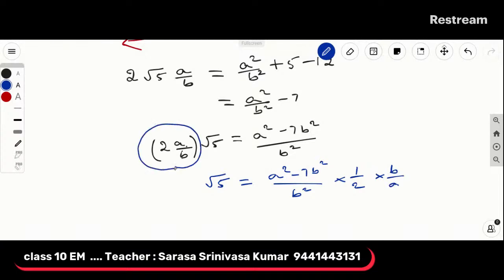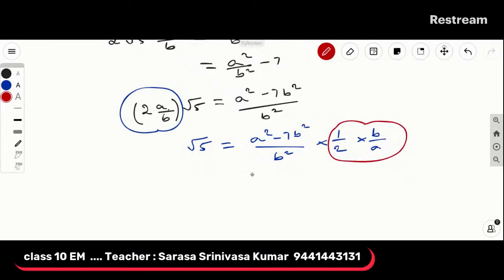Because we have to take the reciprocal of 2 multiplied by a by b on the left hand side. So when we transpose it to the right hand side, we have to take the reciprocals of those values. So this is equal to a square minus 7b square, and in the denominator we get 2ab.